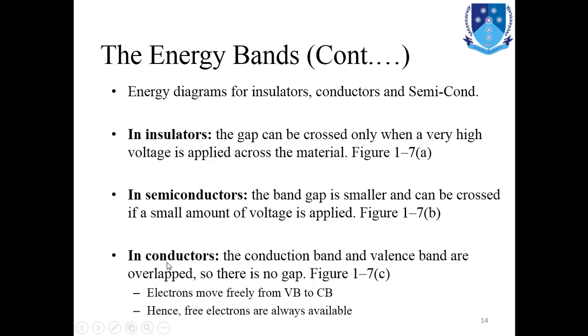And finally, in conductors, the conduction band and the valence band overlap even under normal conditions, or even at room temperature. So there is no gap, or we can say that the energy gap or band gap in conductors is equal to 0.